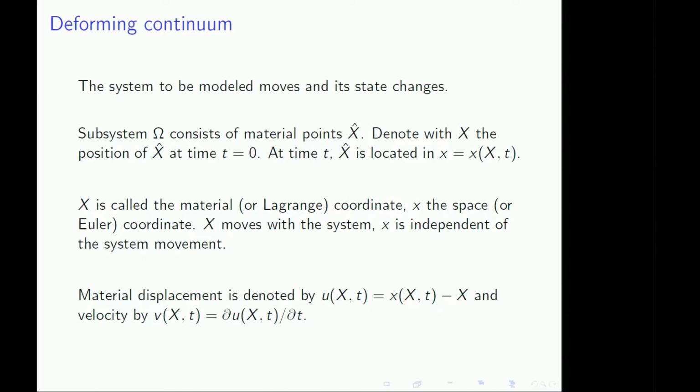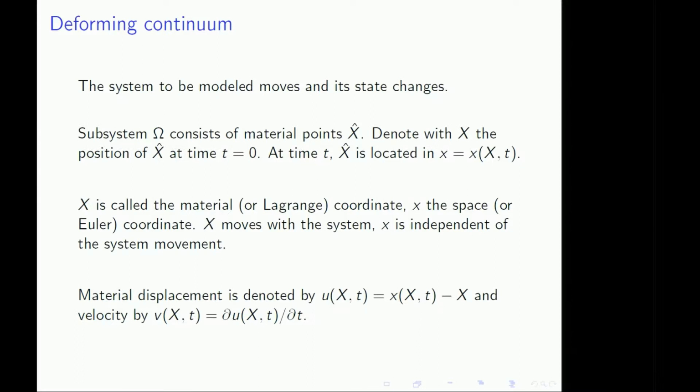Small x is the space coordinate or Eulerian coordinate, and it's independent of the material and its movement, but it's fixed to some laboratory frame. So material can move around in the small x space. So it's handy when we are modeling the laboratory and follow the movement of the model system within the laboratory.